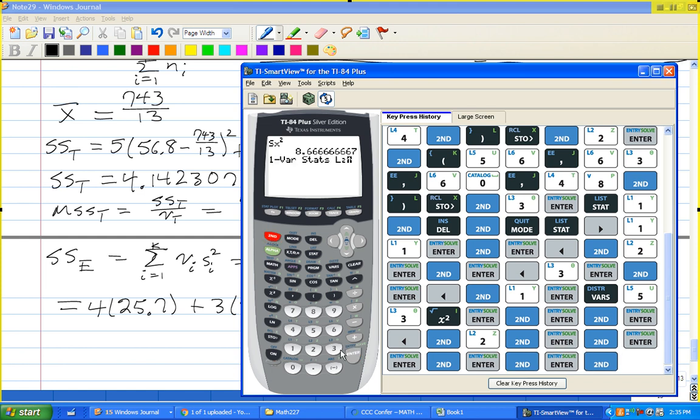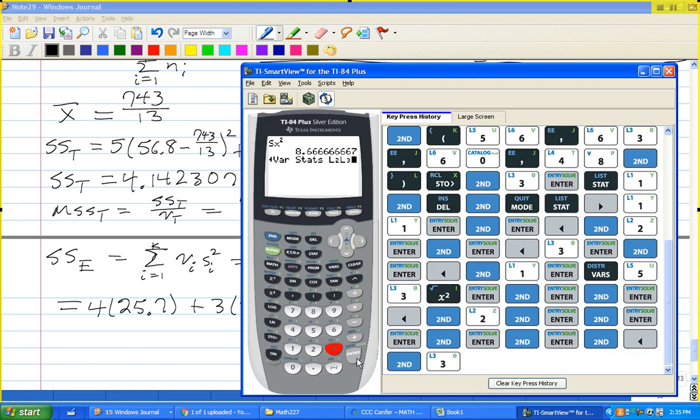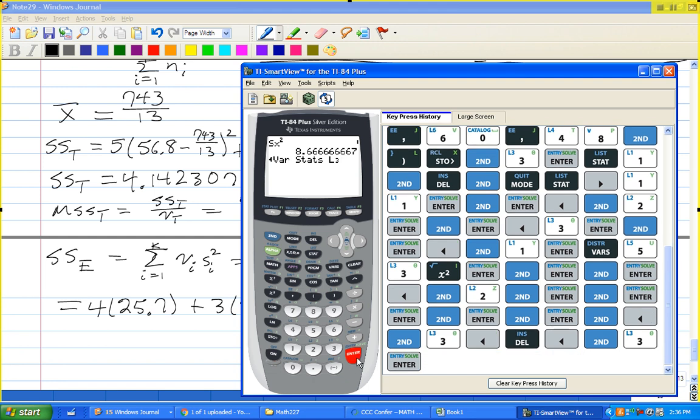So for L3, 6.5 squared, that would be nice. It will be 42.25.